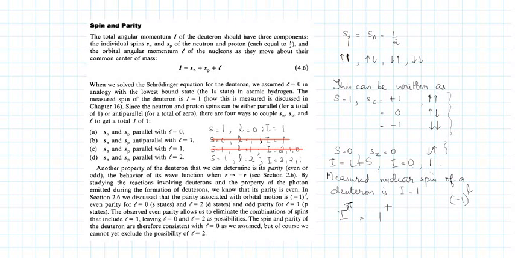So the best possible option is actually to take the state of a deuteron to be a mixture of both L equal to 0 and L equal to 2 states.